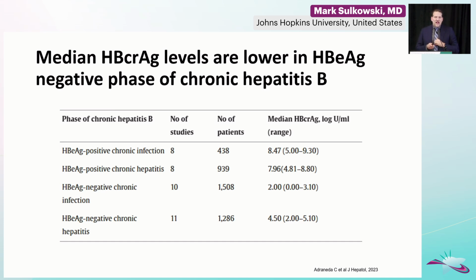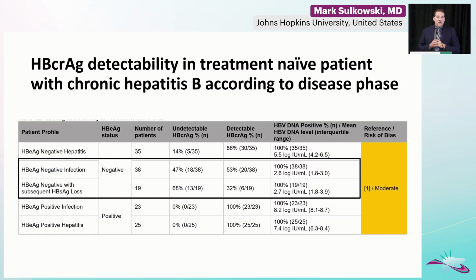We see that continued decline, at least in some patients, particularly those who are e antigen negative in the bottom two rows. So what we're suggesting is the same thing that the biopsy data shows, that those patients have less cccDNA transcription, and that's certainly important.